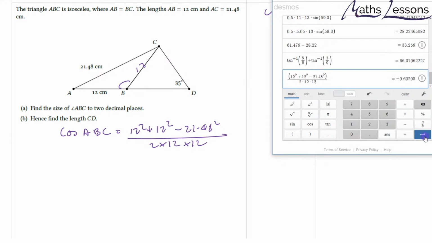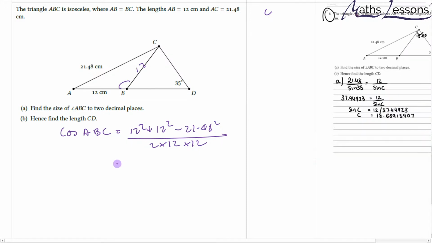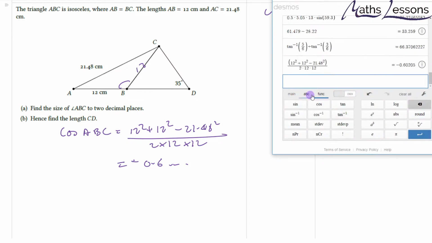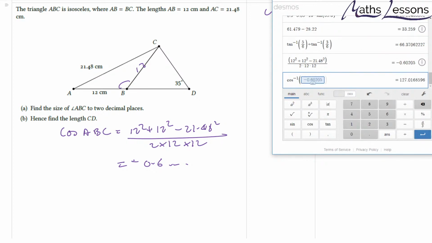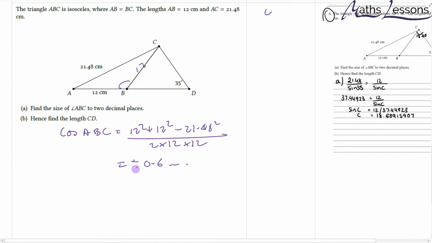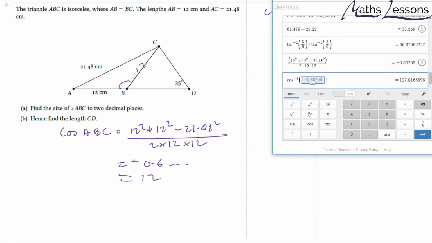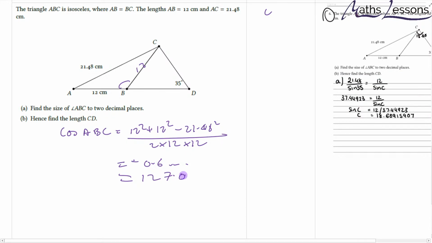And we get minus 0.6, and then we do inverse cos. The answer we get is 127.6 to 2 decimal places.